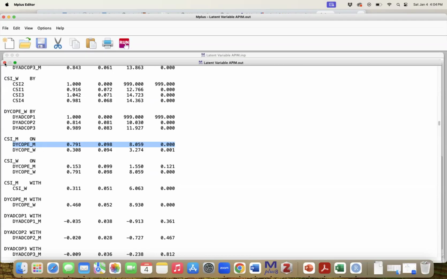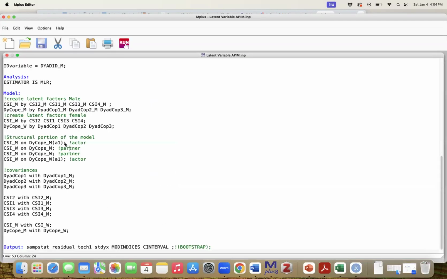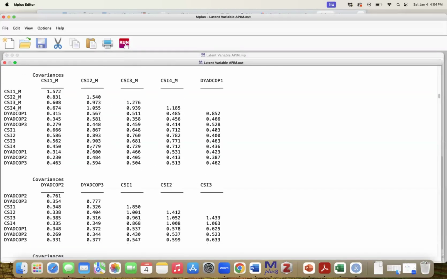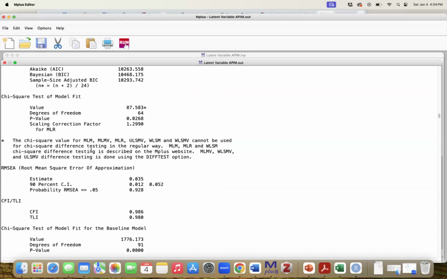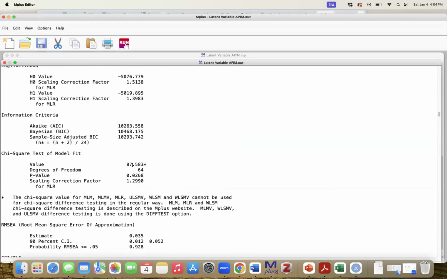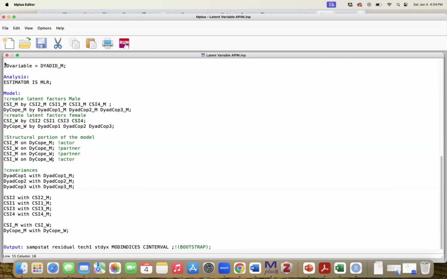Their own, I should say, their own reports of relationship quality. So now we'll go ahead and get rid of these labels. And I'm going to run it again just to get that chi-square in my head so I can do a rough guesstimate. So it's 87 and a half.